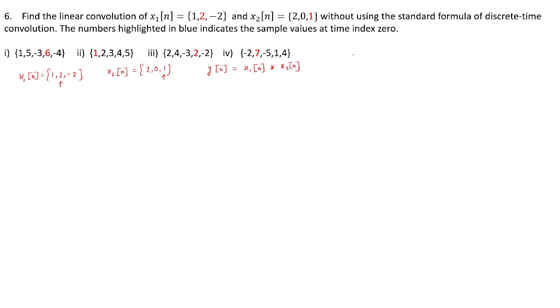But the trick here is we cannot use the standard convolution formula, which is given as yn is equal to summation over x1k times x2 of n minus k, where k runs from minus infinity to infinity.